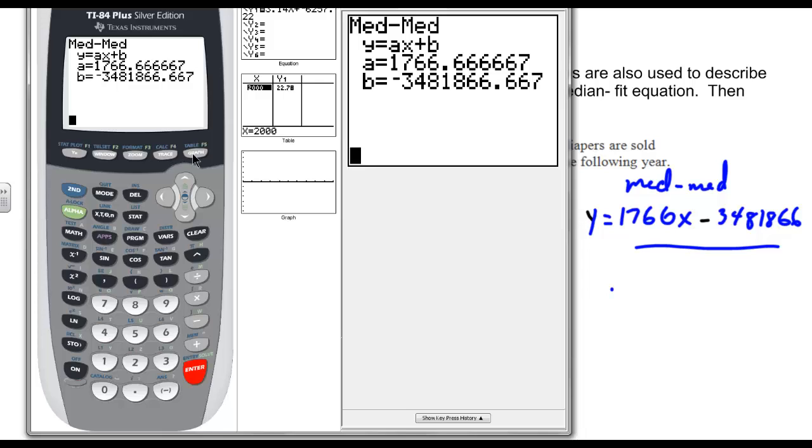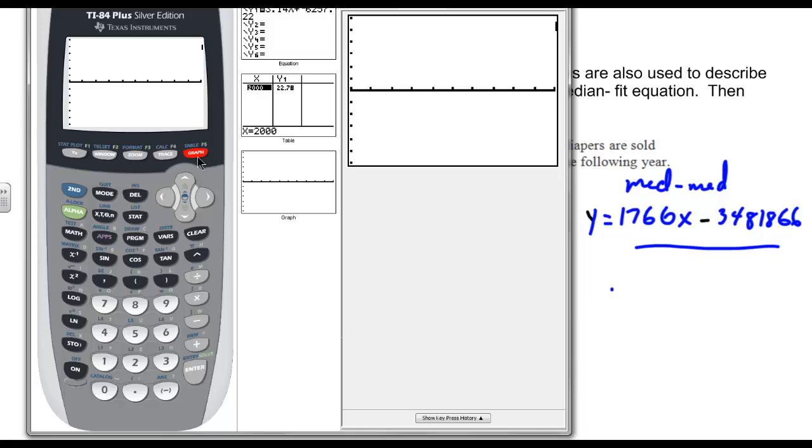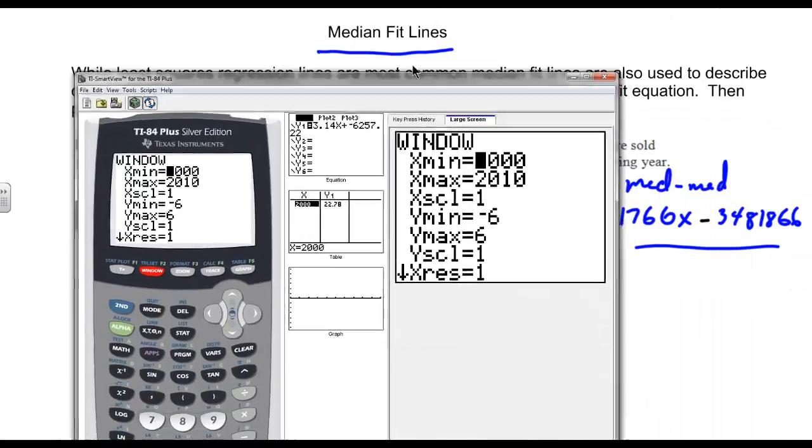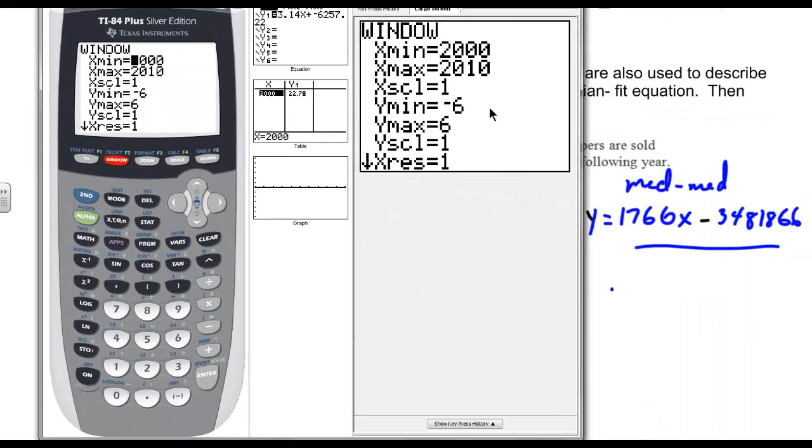So if I hit graph, you'll see that we have nothing here, which means that my window is probably off. So I'm going to look, and sure enough, I have values from 2000 to 2010, which makes sense. That should be everything I need to see. I'm going to make it actually go a little bit bigger since 2010 is my last number. So I'm going to go over here, and we'll make this 2015.